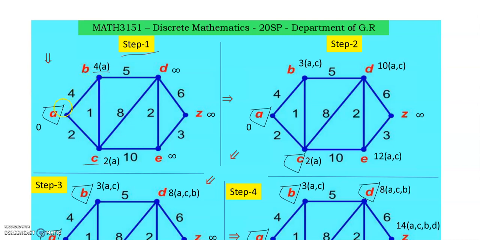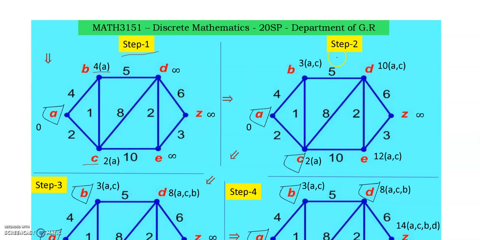We are relaxing the vertices B and C near the current vertex. The others stay infinity, but we change B and C, noting from which vertex we reach each.